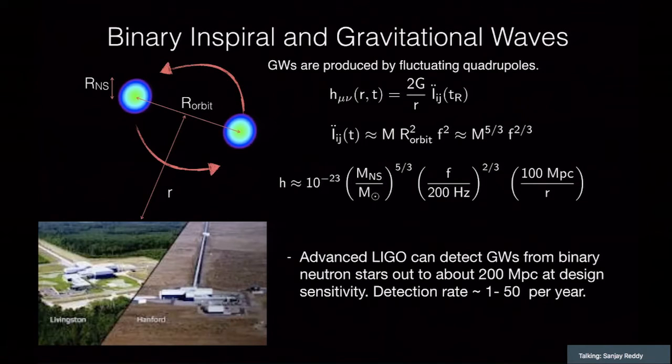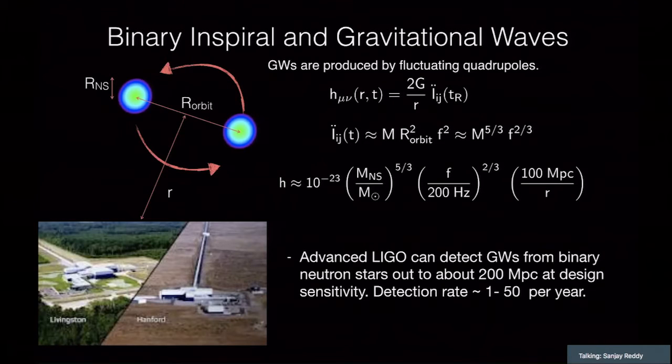These are very rare events, so you have to see a very large number of galaxies to be able to detect enough events every year. That's why typical distances for observing neutron star mergers are not measured on kiloparsec scales, which is the scale of our galaxy, but on 100 megaparsec scales. It's the scale at which you start seeing thousands or hundreds of thousands of galaxies.